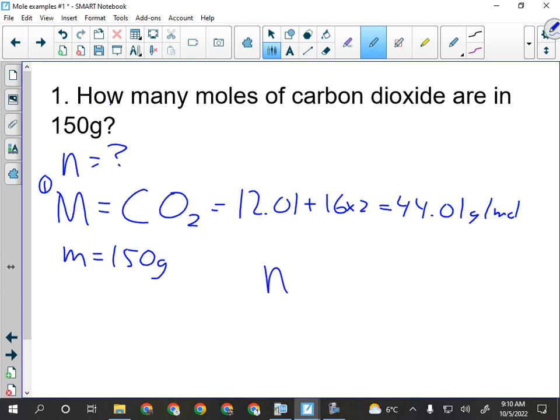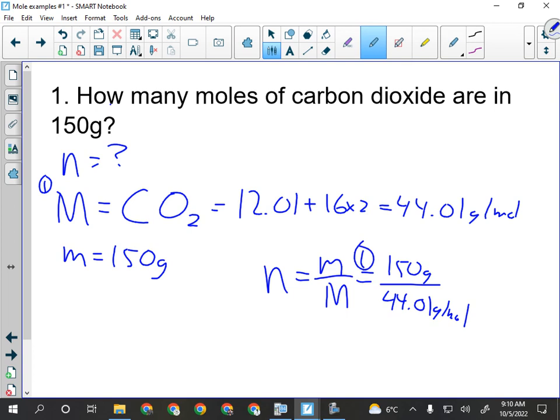It's a mole equation question, n equals little m over big M. I don't have to manipulate because I'm being asked to solve for n on this one. All I have to do is plug in my numbers. So that would be 150 grams divided by 44.01 grams per mole. So you'd have a mark for that.